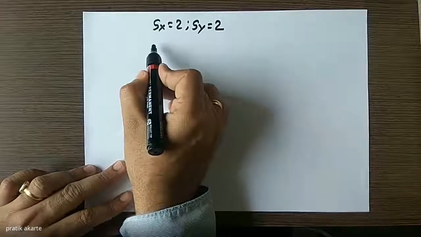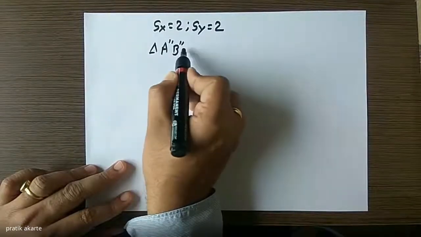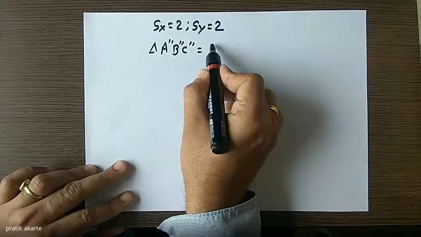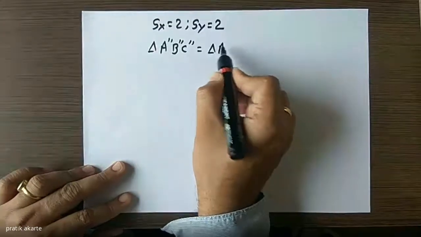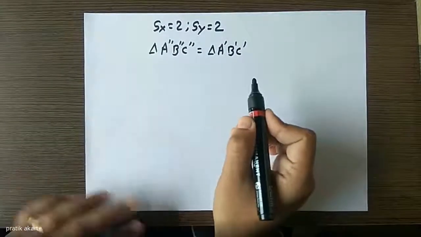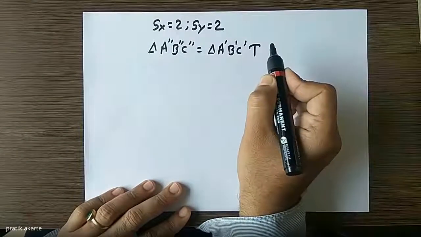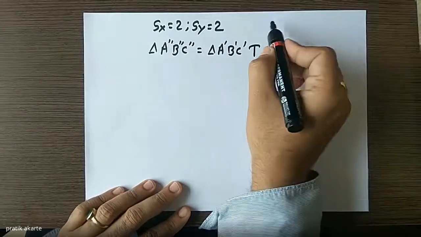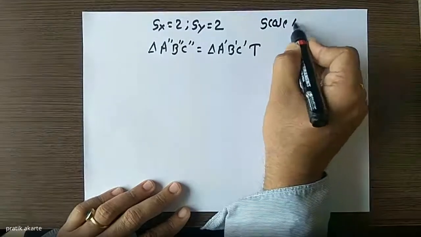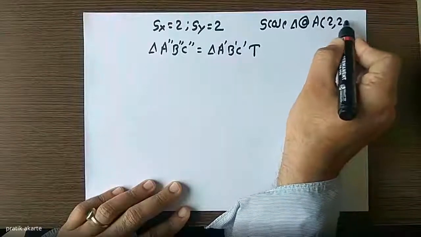So we'll directly write it as new triangle A double dash, B double dash, C double dash, because it's a further transformation, is triangle A dash, B dash, C dash, vertices of the intermediate triangle, into translation. Now what translation you want? You have to scale the triangle about A whose coordinates are 2, 2.